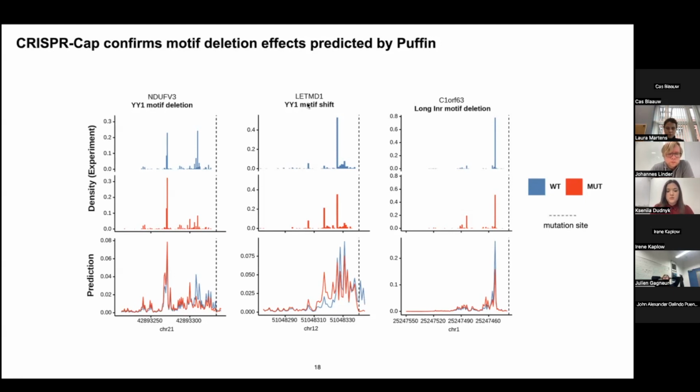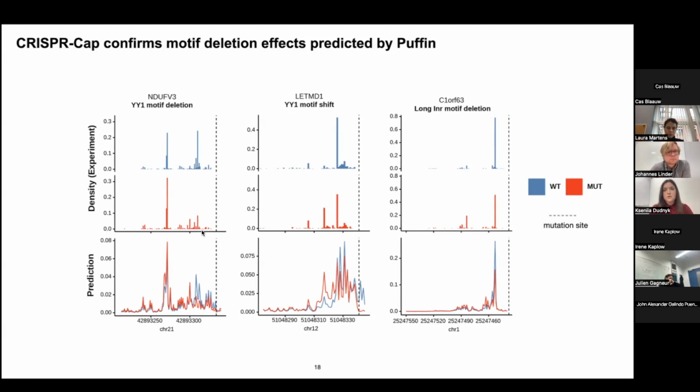On this plot, I show the experimental values for the wild type promoter, for the mutant promoter after the motif was deleted, and here is the prediction. On this plot we should look at the shape. Can we accurately predict the shape that was measured?